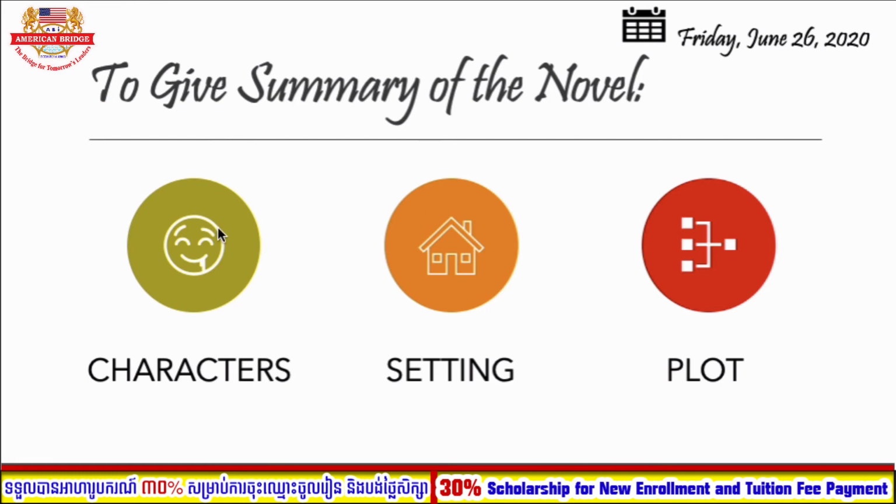Make sure you know who the main characters in the novel are, where the story takes place, and what happened. Okay, how the novel starts and how it ends. So these are the main ideas that you need to know when you are asked to give any summary of the novel that you are reading.